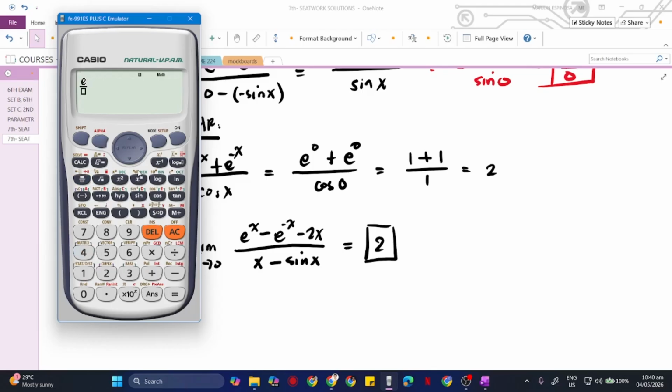Okay, e raised to the power of x, let us just check lang. Minus e raised to the power of negative x minus 2 times x, all over x minus sine of x. Then, calc natin, 0 daw. Add lang tayo ng 0.0001.